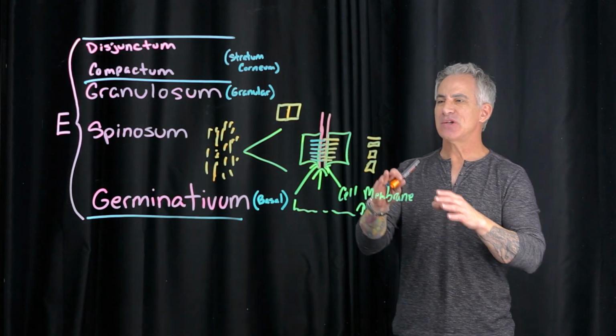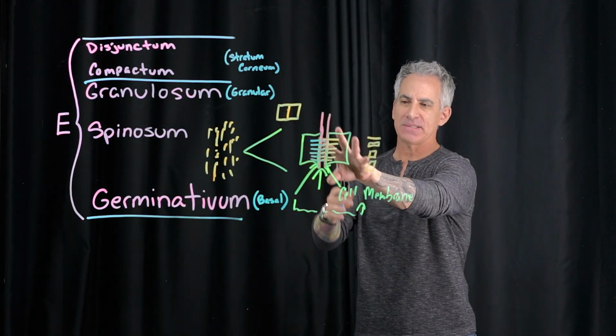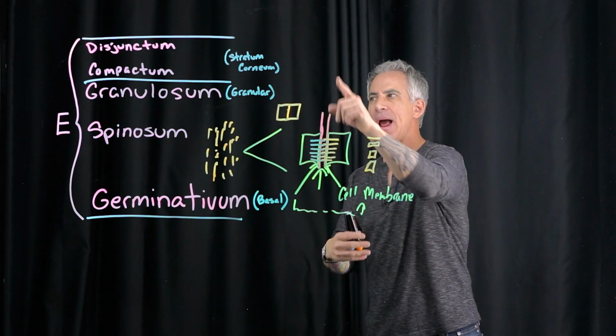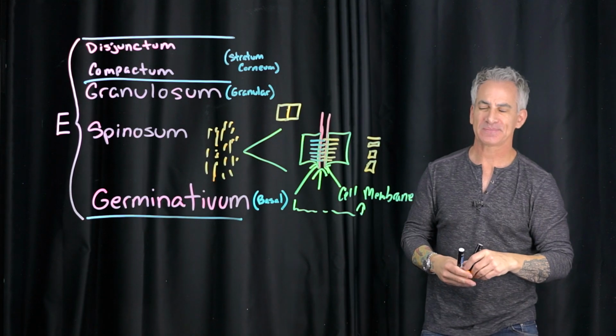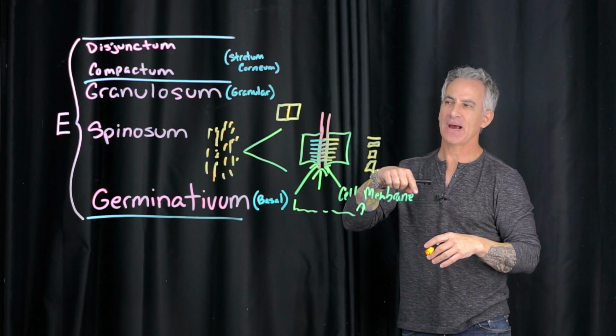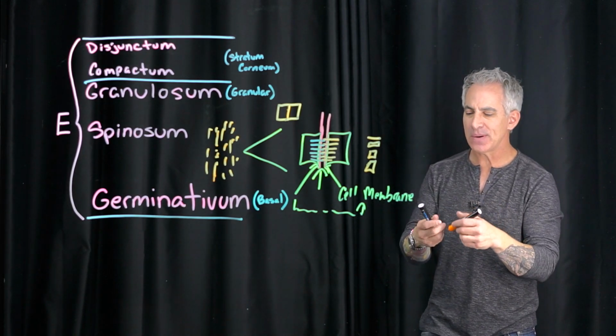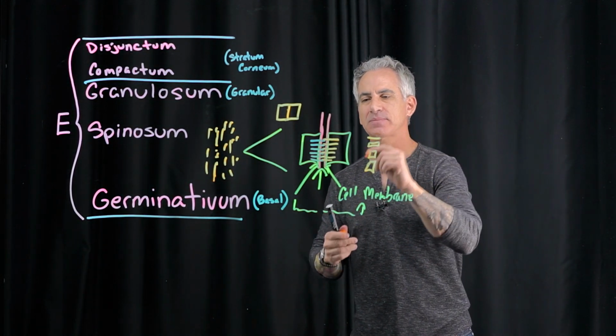All right. So what happens to these cells as they're interconnected like this? What happens as they reach the stratum corneum? Well, that's the cool part, and I've talked about that before in other videos. Basically what happens is this.